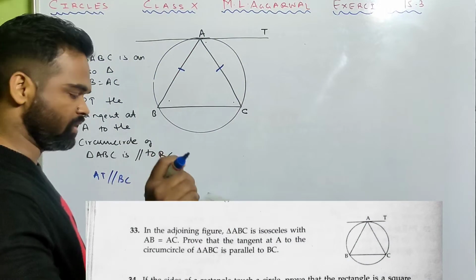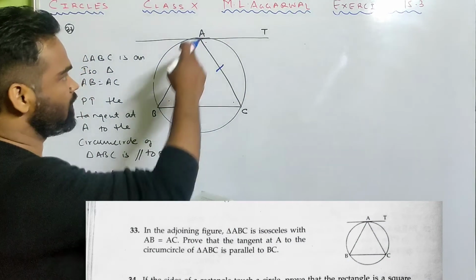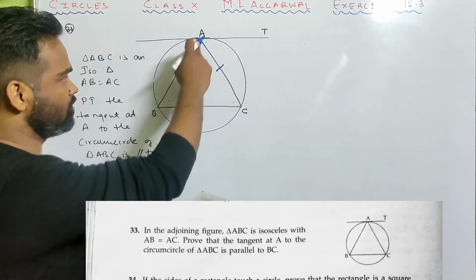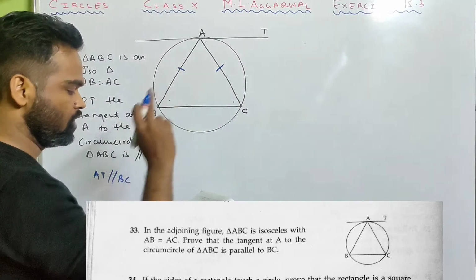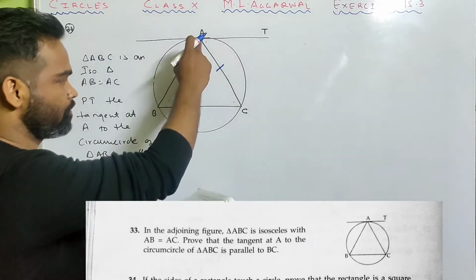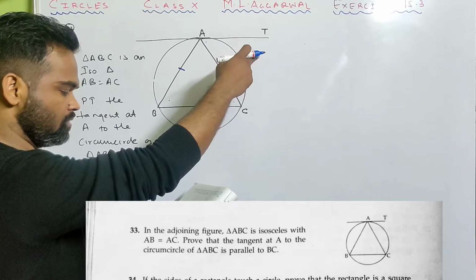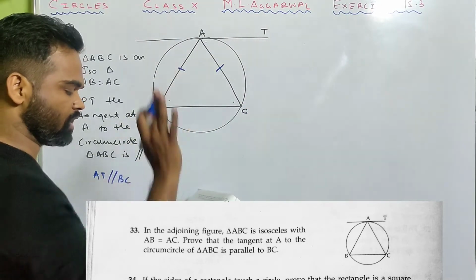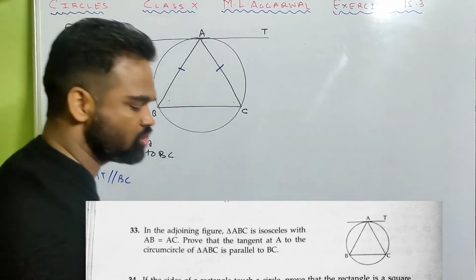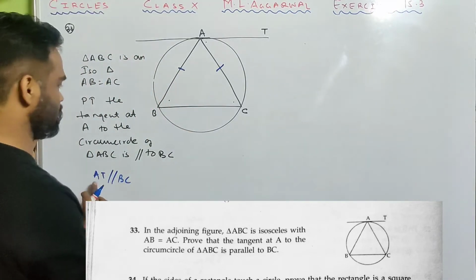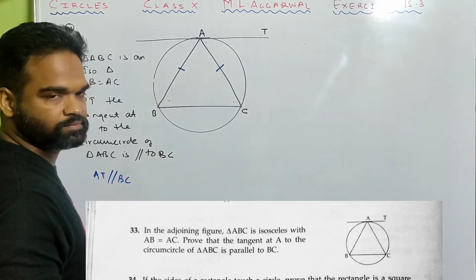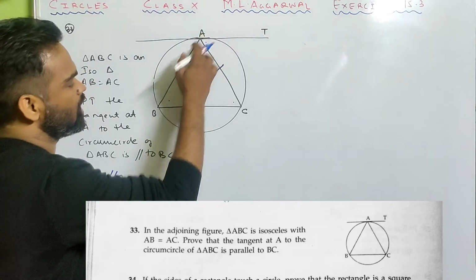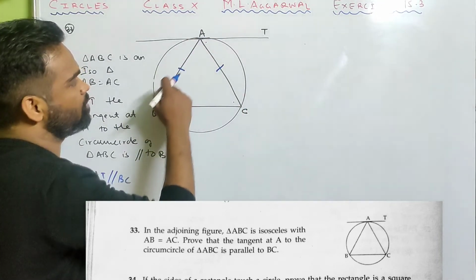Now look at 33. In the figure, triangle ABC is an isosceles triangle with AB equal to AC. Prove that the tangent at A to the circumcircle of the triangle ABC is parallel to BC. Which means, in short, we need to prove that AT is parallel to BC. ABC is an isosceles triangle, so AB is equal to AC.